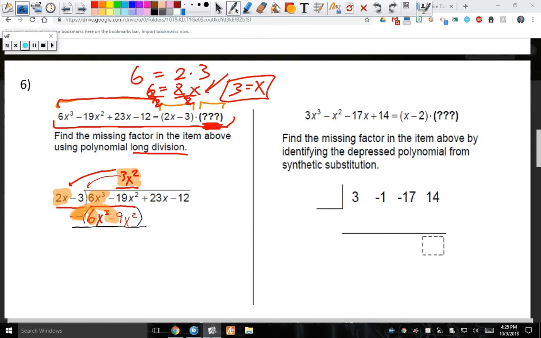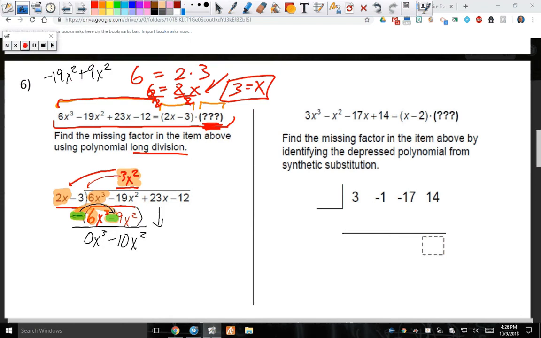So 6 minus 6 gives me 0x cubed. But this piece right here is where a lot of people mess up. They take a negative 19 and they subtract 9 rather than seeing that you're subtracting a negative, so you should really be adding 9x squared. Negative 19x squared plus 9x squared results in negative 10x squared.